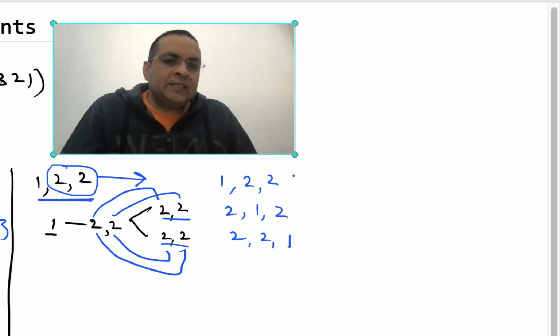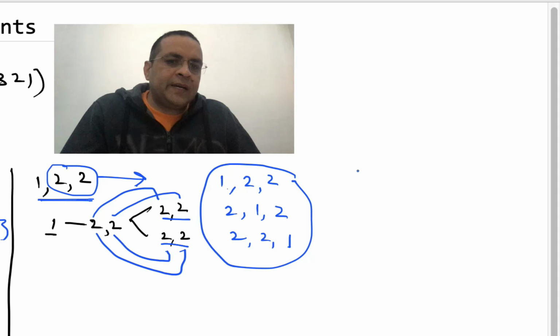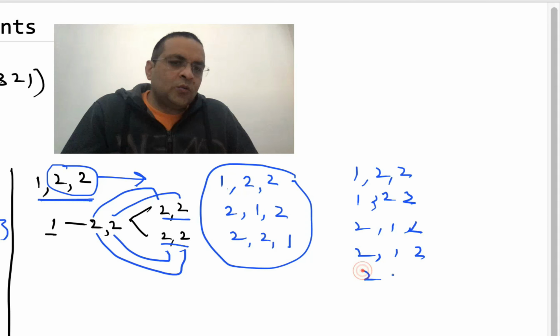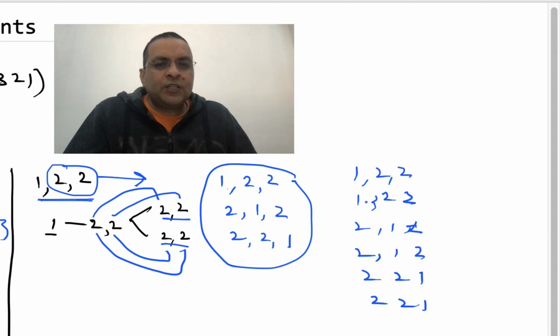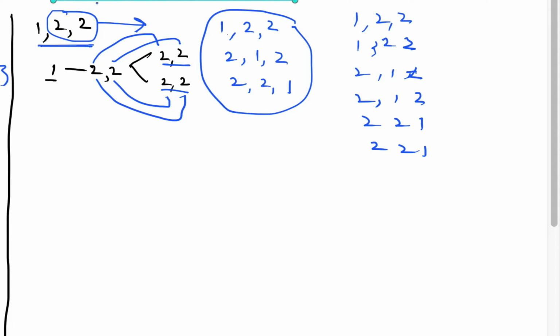But instead of this, we will get 1, 2, 2; 1, 2, 2; 2, 1, 2; 2, 1, 2; 2, 2, 1; and 2, 2, 1, which means that each permutation will get printed twice. Why is it getting printed twice? Because we are not considering the value of elements, we are just considering the position. So in this case, we have to consider the value of the element also.